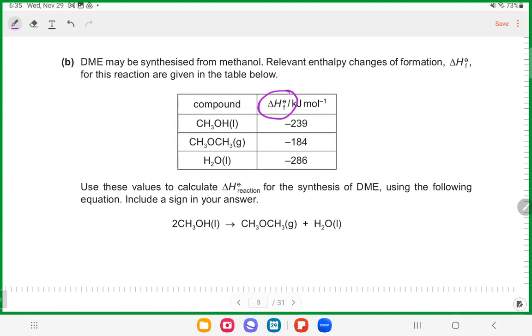Formation value is always for the formation of 1 mole of a compound. So make sure that you multiply this value by 2. Minus 2 times of minus 92, forming minus 184 plus minus 286.